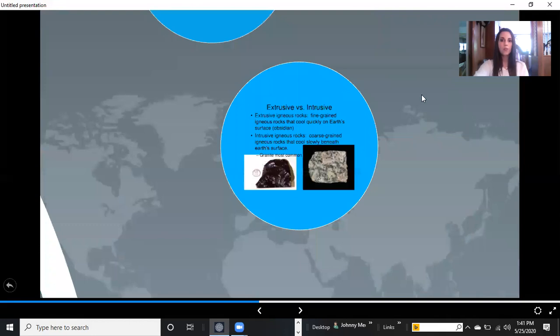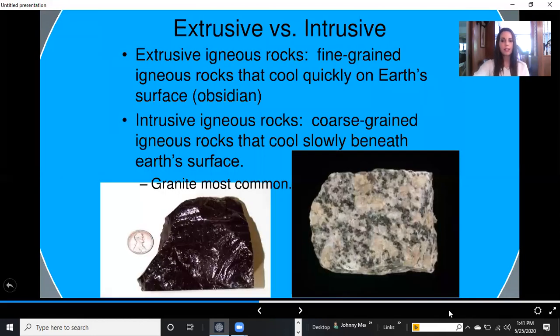So there's two different kinds of igneous rocks that you find: extrusive and intrusive. Extrusive igneous rocks are fine-grained igneous rocks. They cool quickly on Earth's surface. And remember, we talked about rocks that cool quickly from magma generally don't have easily recognized crystal structure patterns.